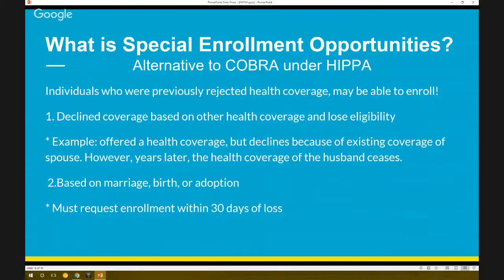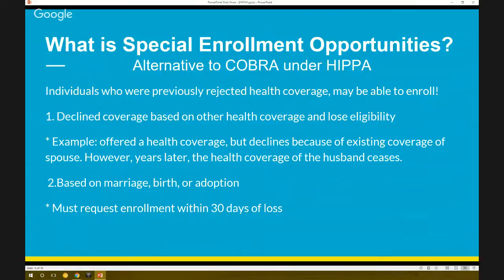For example, a family where the wife is offered health insurance coverage, but she turns it down because her husband has health insurance. But then years later, the husband passes away, and the family decides, oh, okay, we do need help from that insurance. So that's just an example of how special enrollment would come in handy under HIPAA.